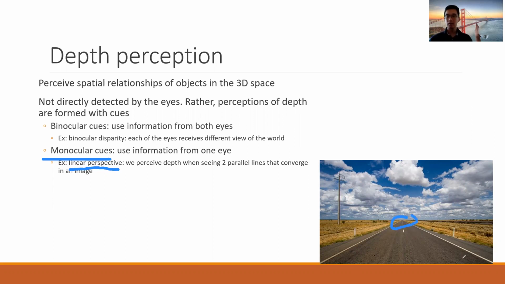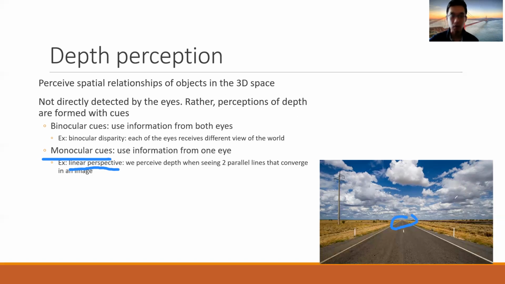The two parallel lines converge into the same point. Why is that? Because it has depth, right? The things that are far away are smaller, and things that are near are bigger. So that's why the two lines that should be parallel are not really parallel in the picture, but they converge into one point.